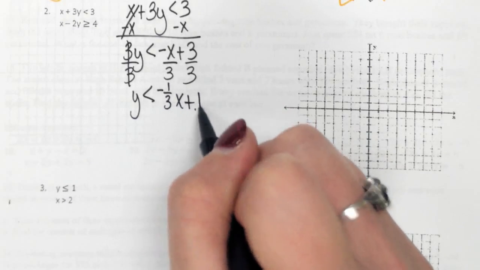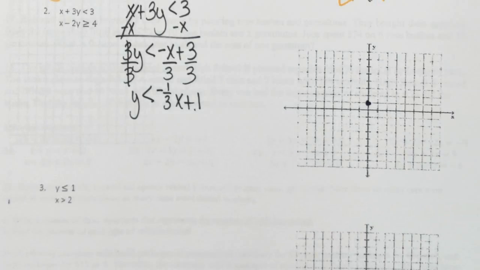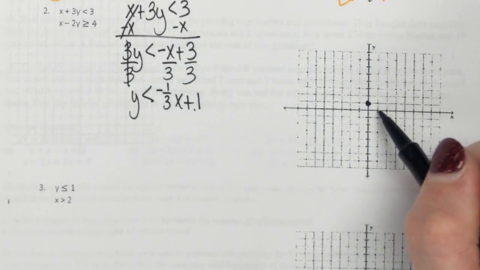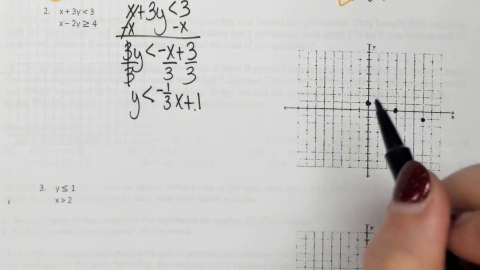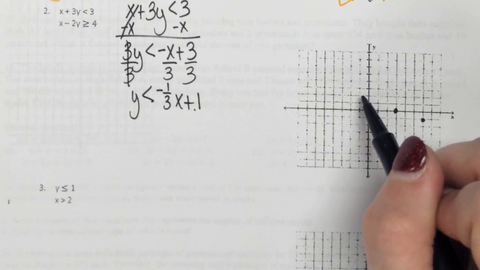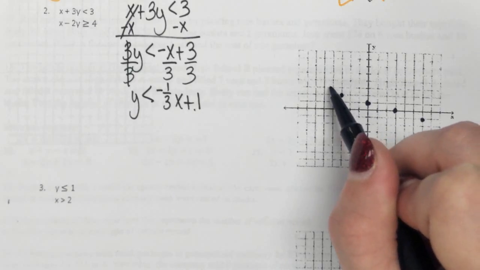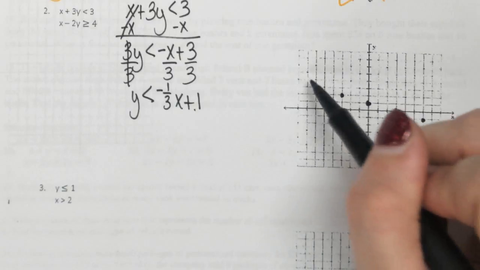Alright, so I'm going to go up 1. Put me a dot. And then my slope is negative 1 over 3. So I'm going to go down 1 and right 3, or up 1 and left 3. Dotted line or solid line? Dotted, there you go.